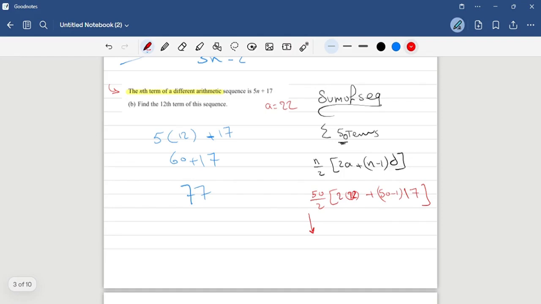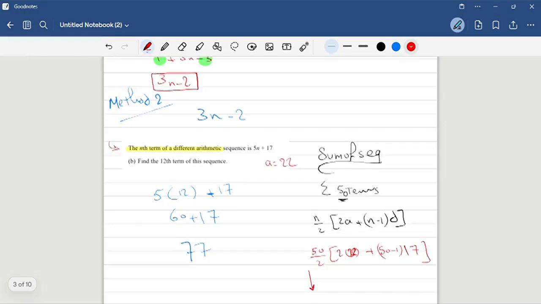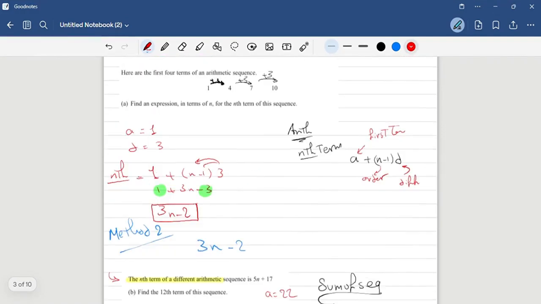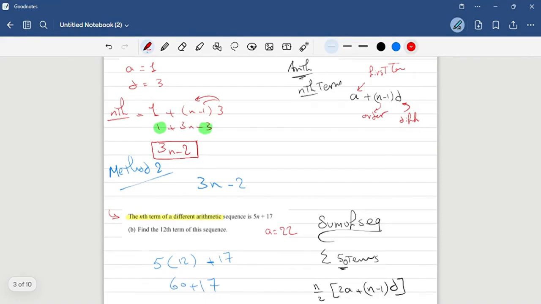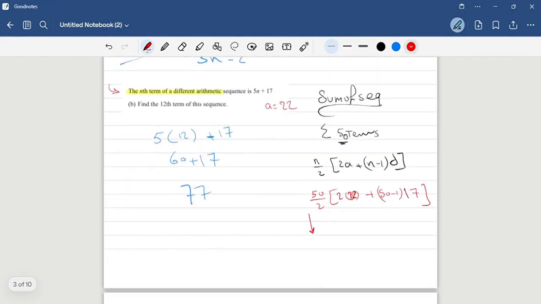After that, it will be 1 times 5 equal 5 plus 17 equal 22. So it will be 22 for this equation. But if I applied a here it will be 1, because this is a different arithmetic sequence. It's a big difference, okay? You understand it?